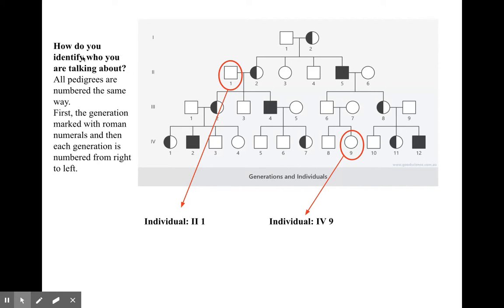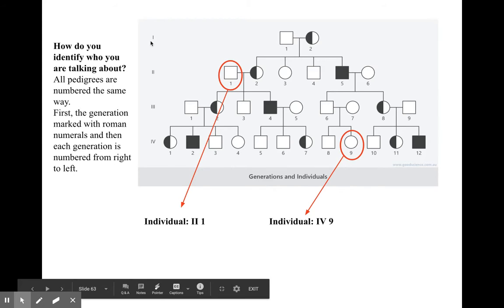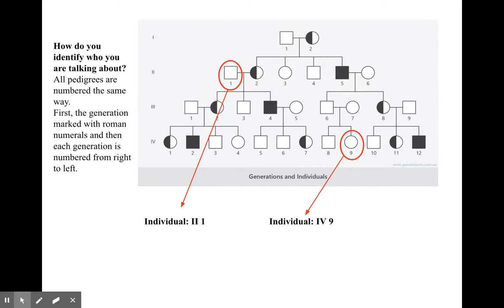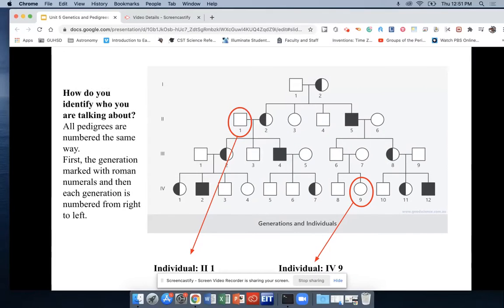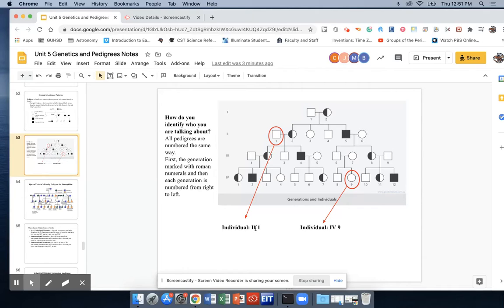Now, when we talk about pedigrees, we're going to ask you to identify different individuals on this big family tree. And the way we do it is by generations and by individual. So this should have a little dash. So I thought I'd add that.